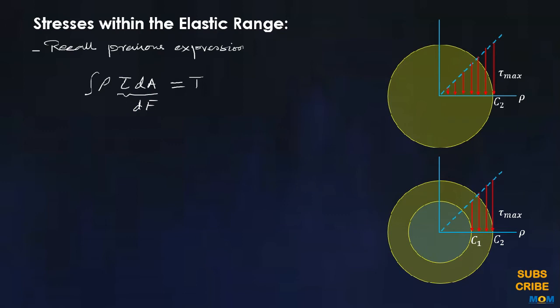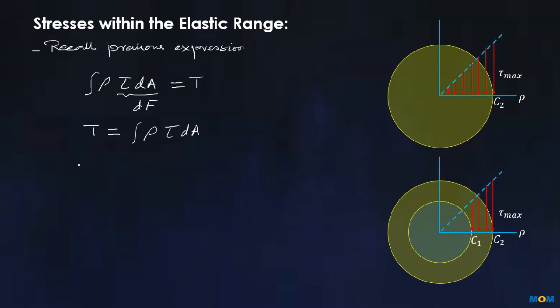The sum of the moments of the elementary forces dF must equal the torque T. Now we can write this expression as torque is equal to integral of rho tau dA.